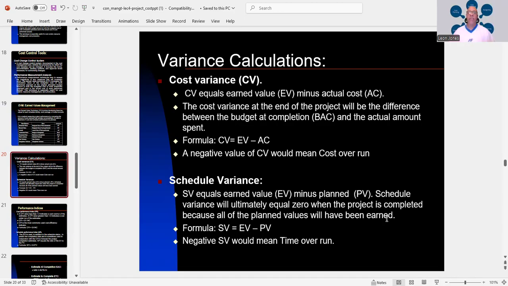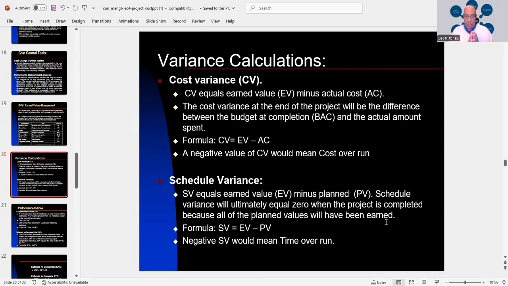And then you have your SV, that's your schedule variance. And that equals your earned value minus your planned value, which is PV. Schedule variance will ultimately equal zero when the project is completed because all of the planned values will have been earned. So the formula is schedule variance equals earned value minus planned value.